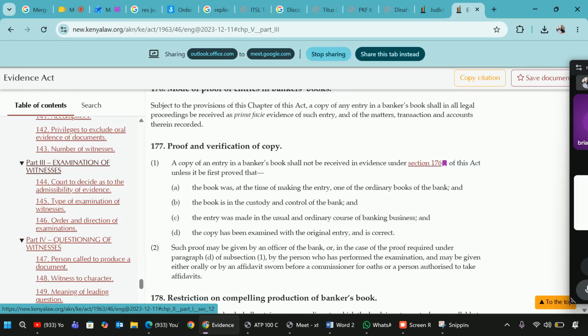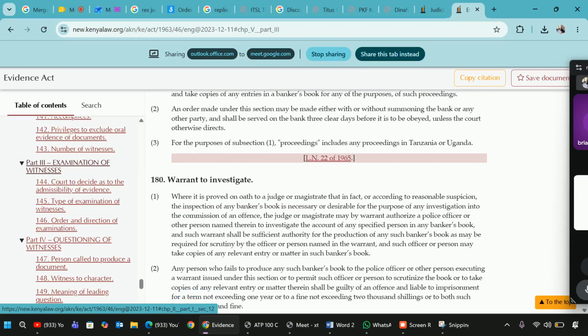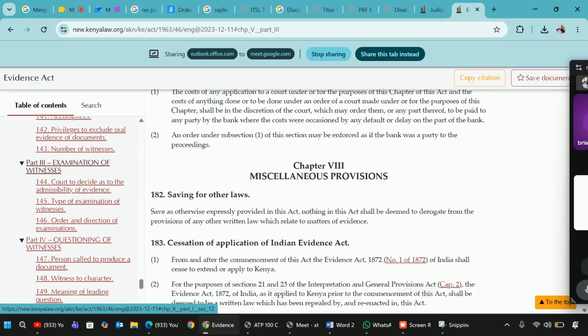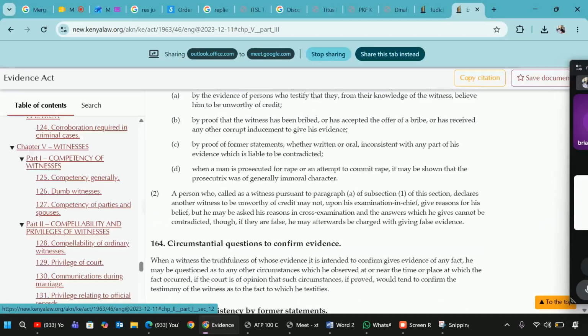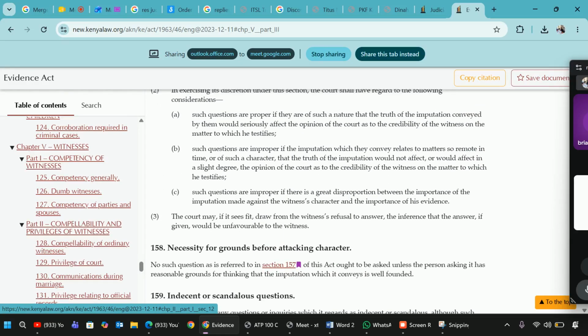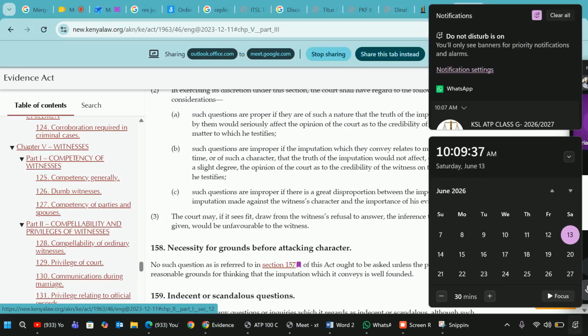How do you produce documents during examination in chief? You see things like that. So in my view, the Evidence Act will require extensive research, and then we set out the procedure behind these provisions. Your view on that, let's go on break.